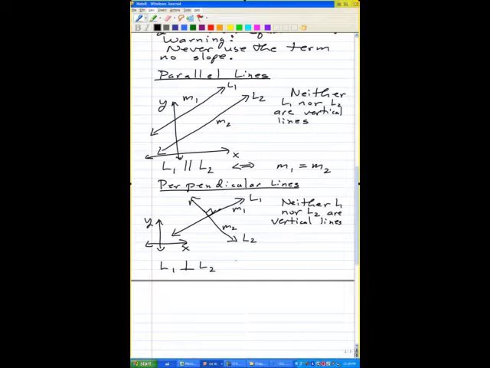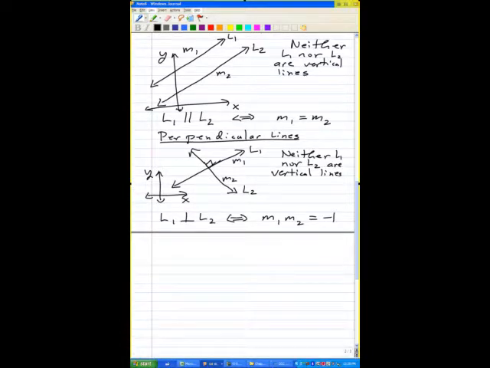So L1 is perpendicular to L2 if and only if the product of their slopes is -1. Or we can just say that two lines are perpendicular if and only if one slope is equal to the negative reciprocal of the other slope.